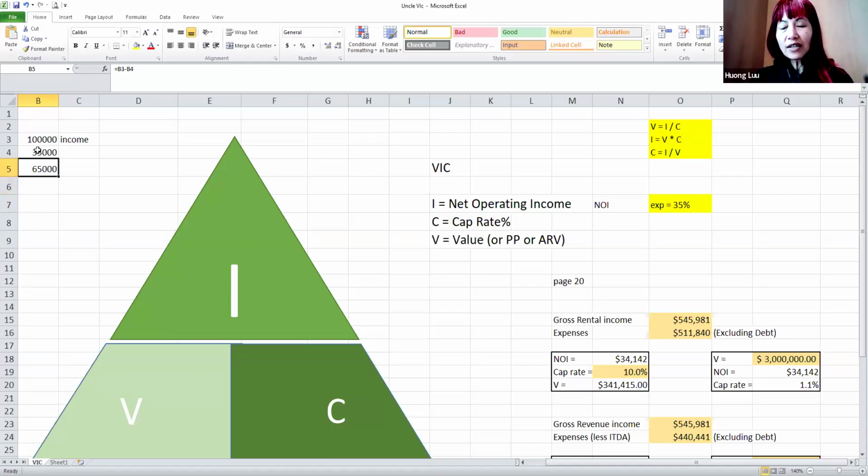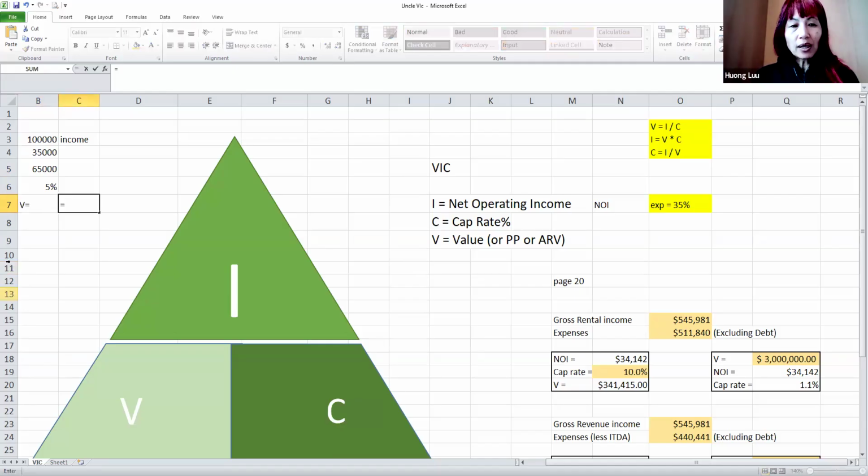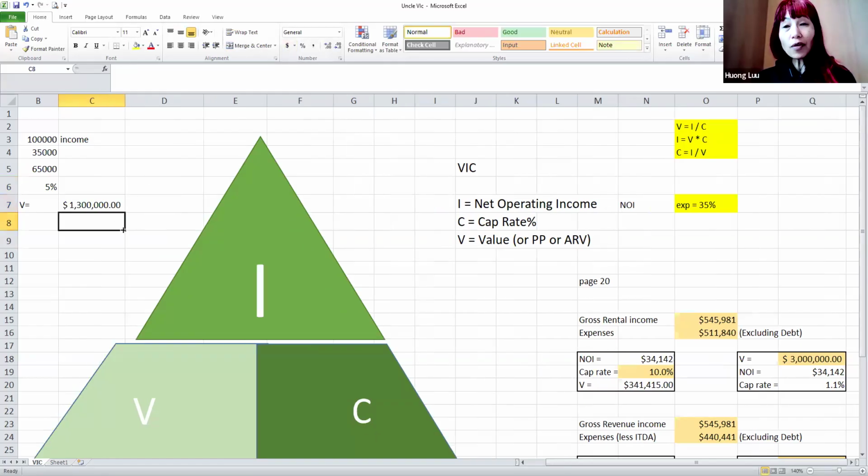So then you take your 65,000 and you divide it by your cap rate. And if your cap rate is, let's say 5%, let's say in the Edmonton market, then your V, which is what you're trying to find out, your value, which is what you're going to want to pay for this property, is going to be your 65,000 divided by your 5%. So at the most, this property, you should only be offering 1.3 at the most.